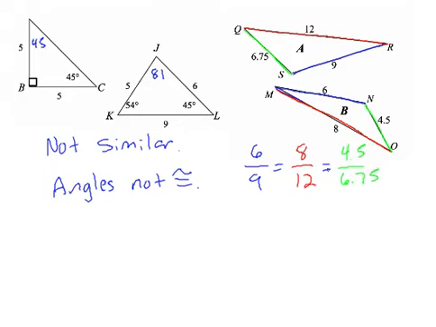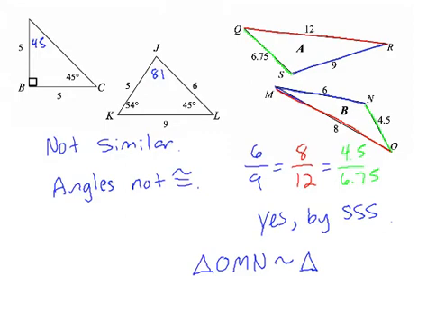Because all three sides are proportional, I can say yes, these triangles are similar by the similarity shortcut side, side, side. My similarity statement would be that triangle OMN is similar to triangle QRS by side, side, side similarity shortcut.